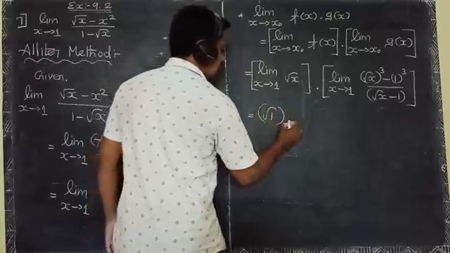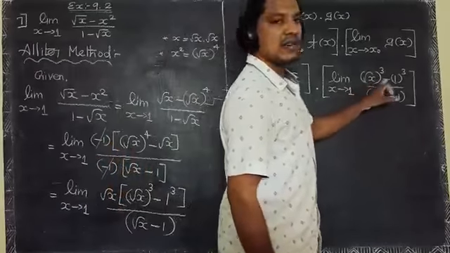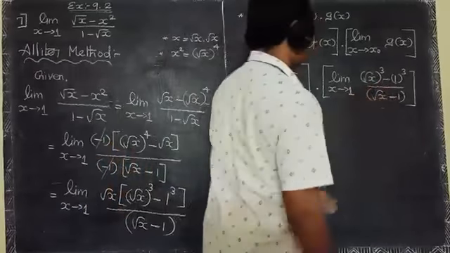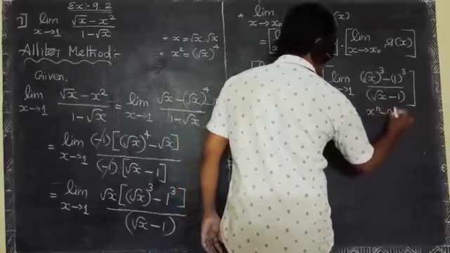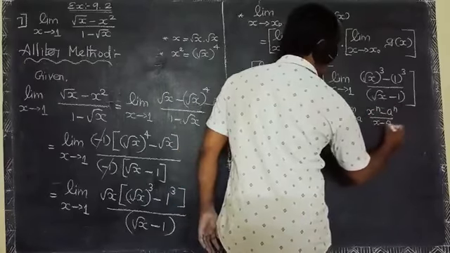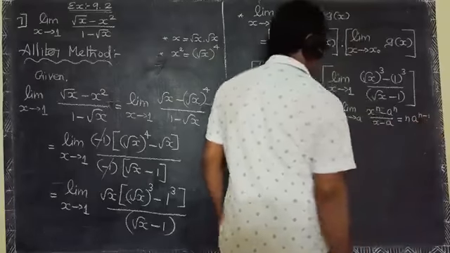Into here, this is in the form of limit x approaches a, (x power n minus a power n) divided by (x minus a), which is equal to n into a power n minus 1.